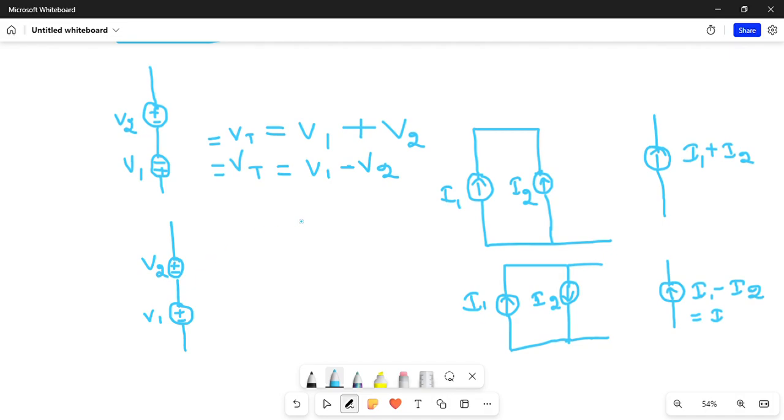This is same polarity. This is different polarity.